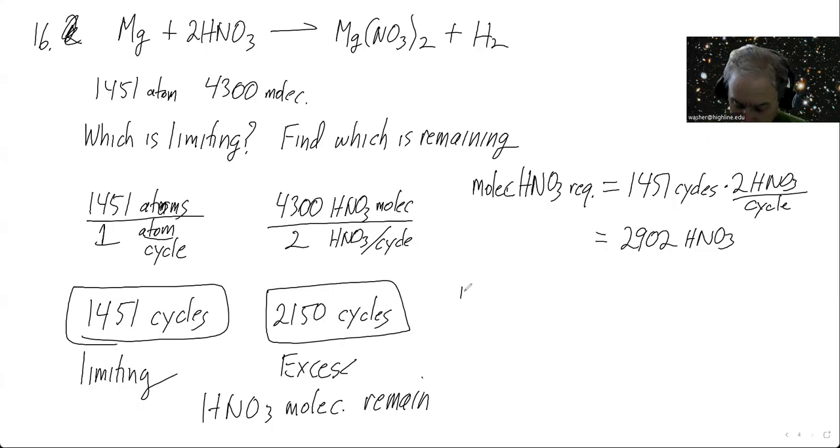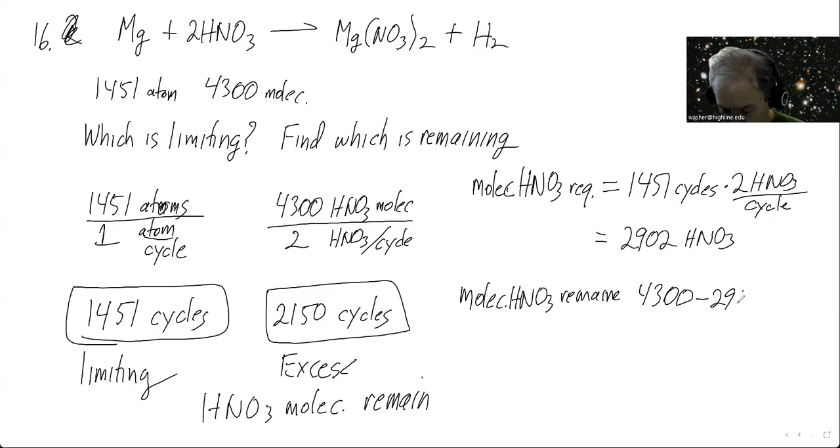So the molecules of HNO3 remaining are the amount we started with, which is 4,300, minus the amount we consumed, which is 2902, which is equal to 1398.